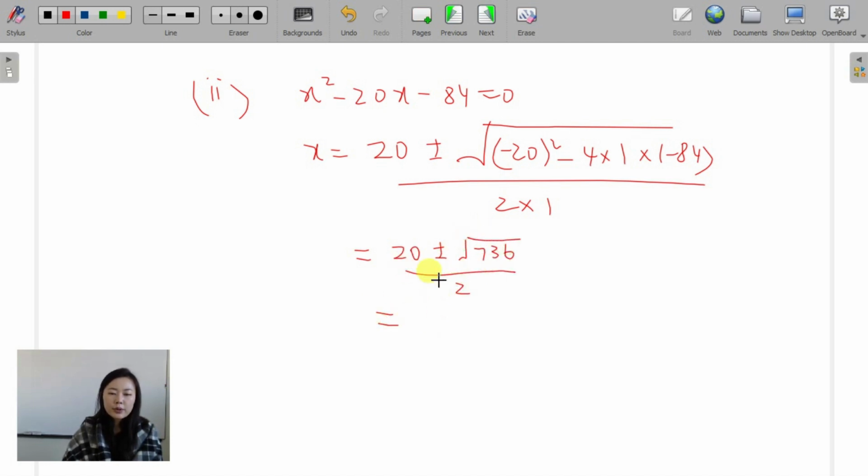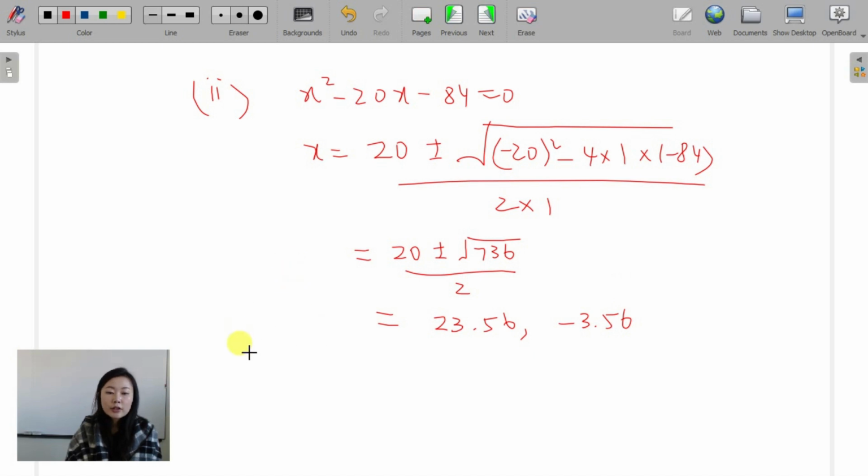Then putting 2 plus root 736 on 2 into the calculator, it should be 23.56, and the other one should be negative 3.56. I'll just double check just in case. Yes, I think it checks out.